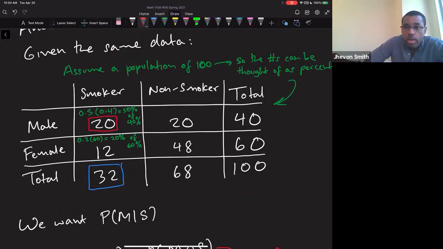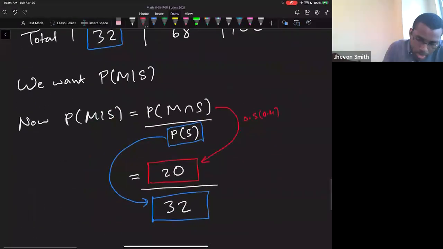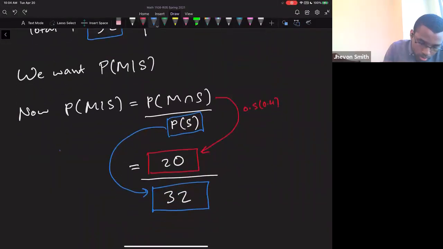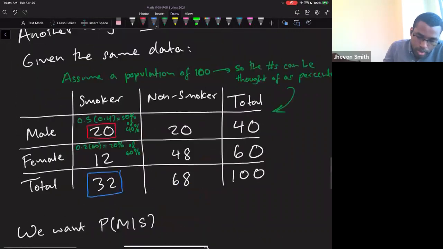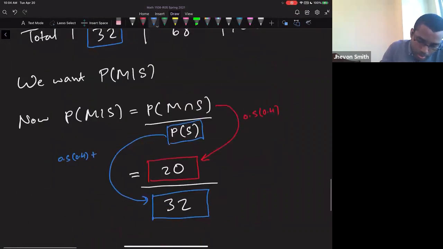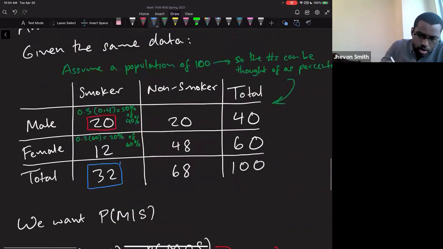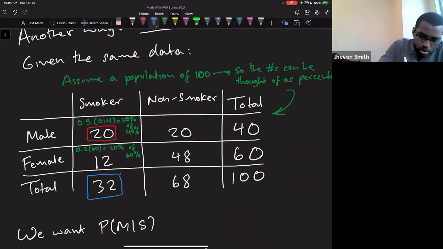It came from adding the 20 and the 12. Where did the 20 and the 12 come from? Well, the 20 and the 12 came from 0.5 times 0.4. And I added that to 0.2 times 0.6. Let's write this 0.6 in percentage form over here.